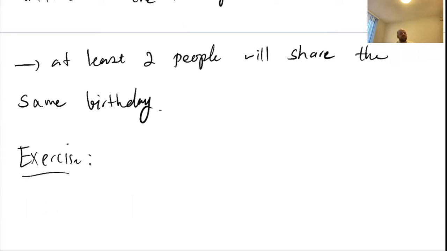For example, at least two people whose birthdays are both in June, or both in January. So two people with the same birth month.